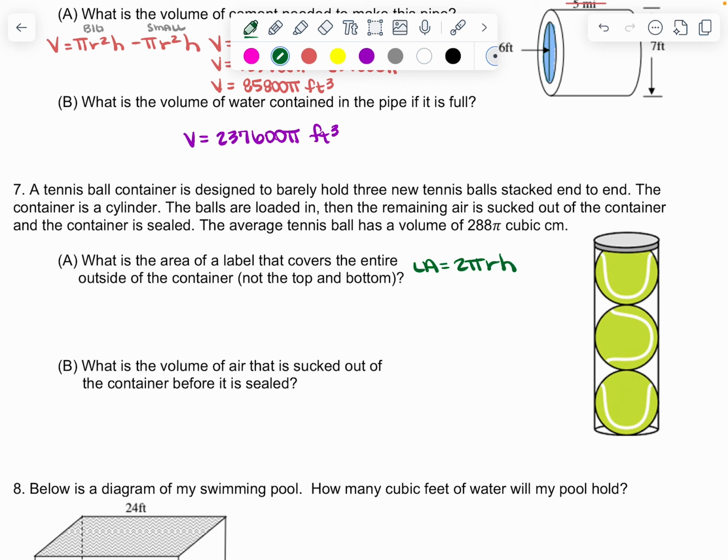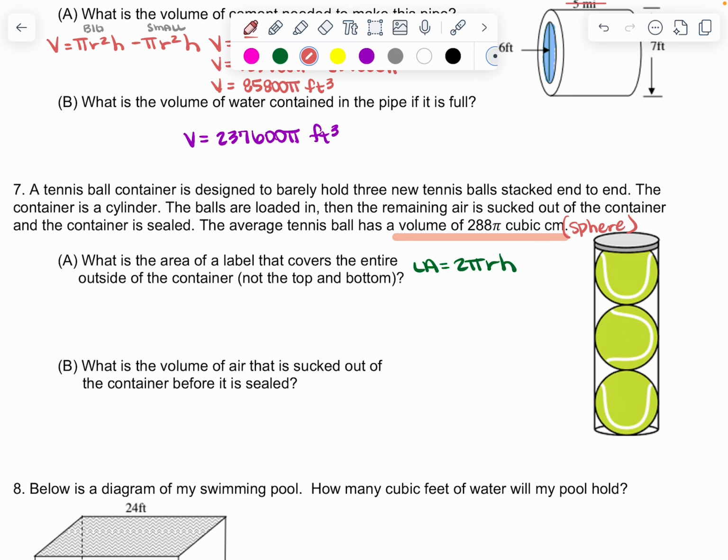Now, what I really love about this question is they didn't tell me the radius or the height, right? The only number they gave me was the volume of a tennis ball. Well, a tennis ball is a sphere, right? Well, spheres are awesome because they only have one variable.